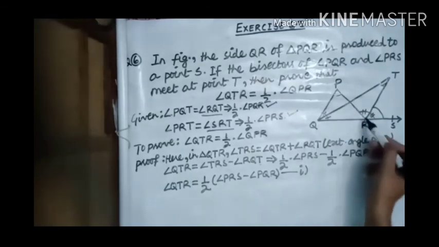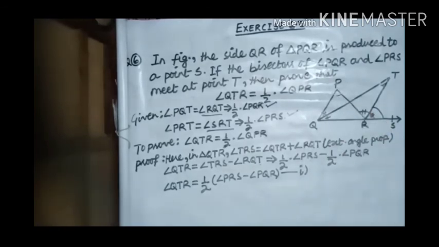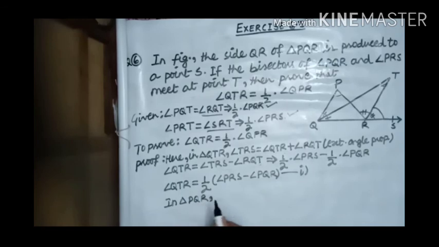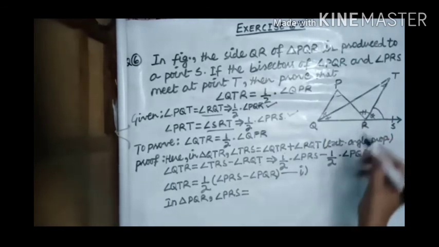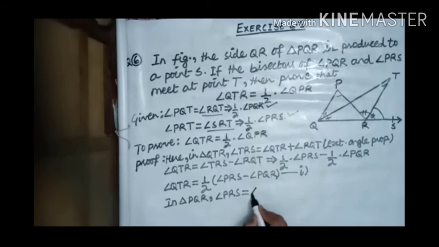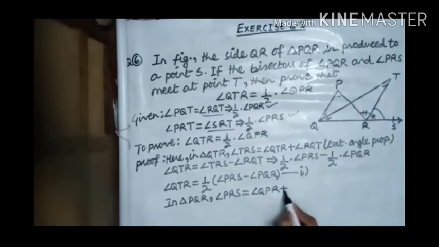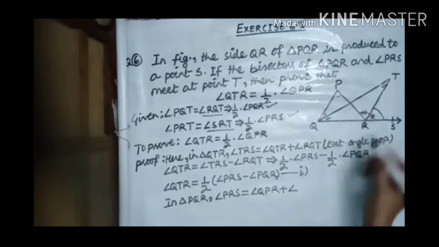Now we observe the triangle PQR. So in triangle PQR, its exterior angle PRS, we have angle QPR plus angle PQR.